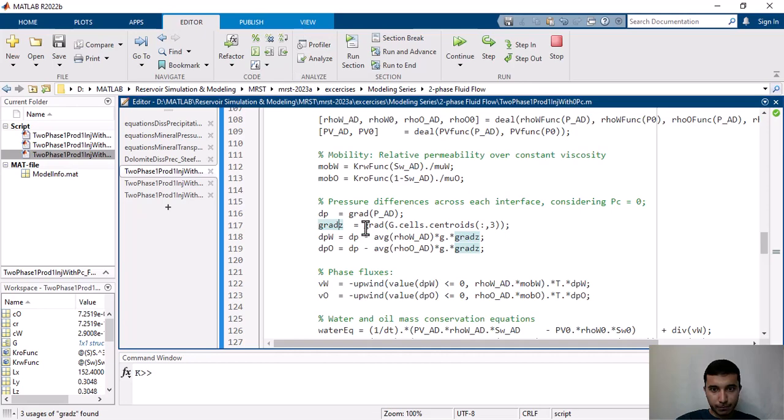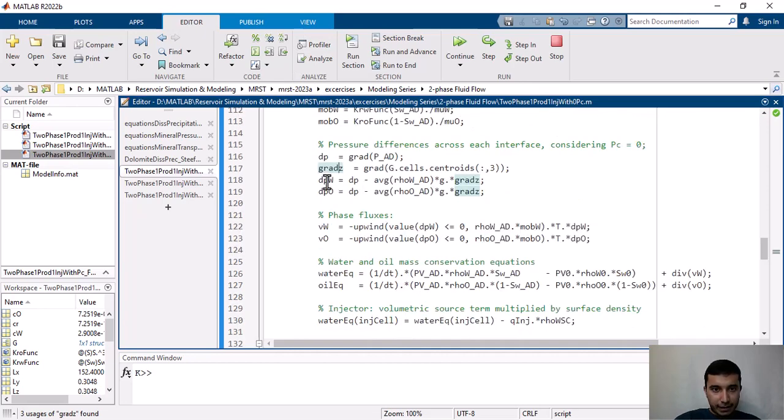Here I have calculated the pressure gradient, also considering the effect of gravity.